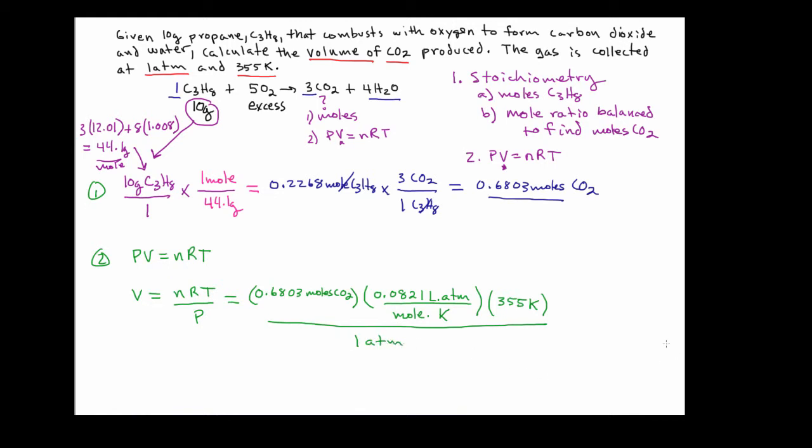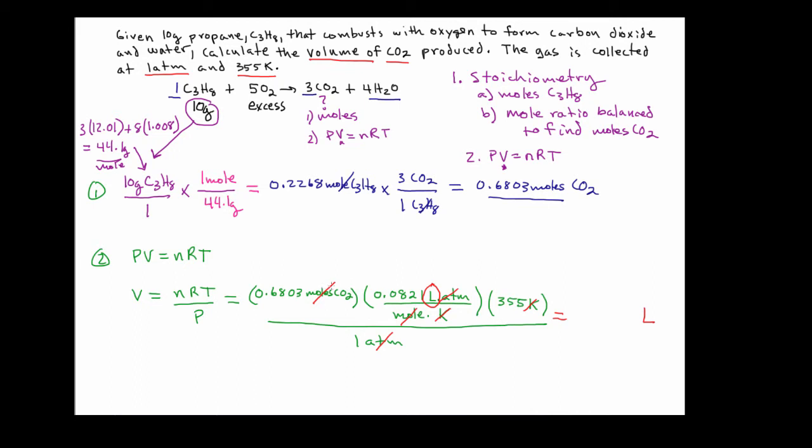Now, you can see when you look closely at this that the proper units are canceling. We have moles canceling with moles, atmosphere canceling with atmosphere, and Kelvin canceling with Kelvin. And we have successfully solved for the liters here, so I'll put my unit over here.